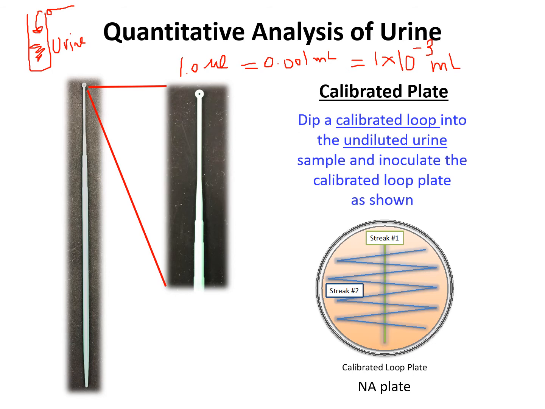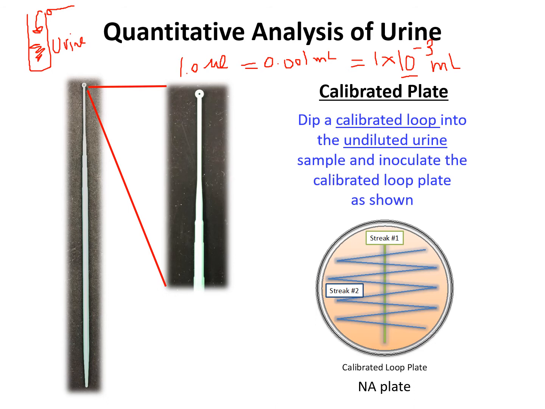It's the same thing as saying 1 microliter. So if you guys notice, what did we just do? What we just did is we went ahead and diluted our urine sample. You've diluted it by 10 to the 3.